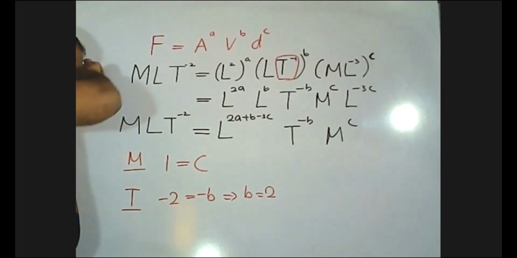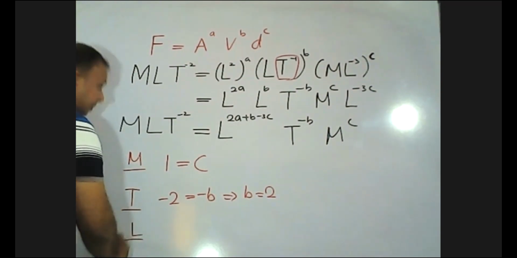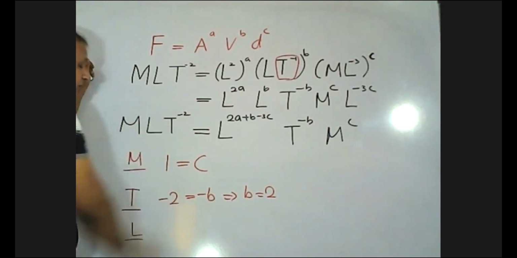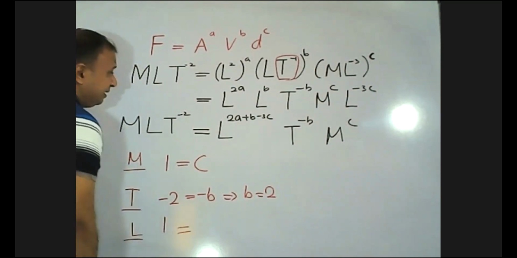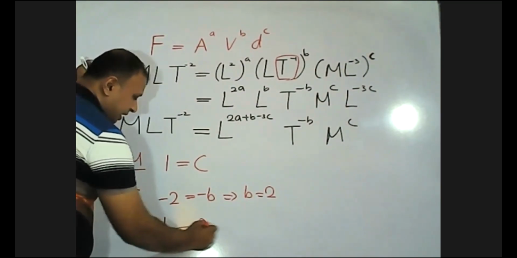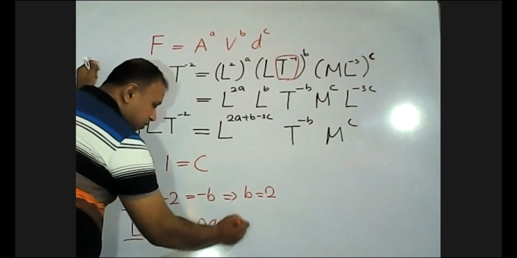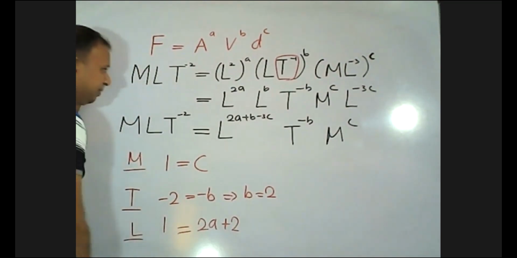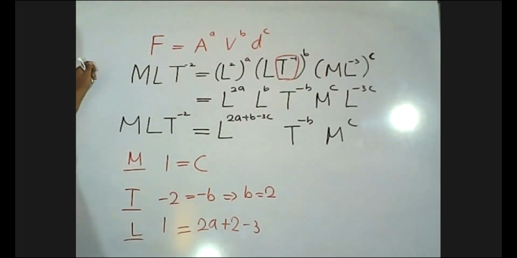Then I can equate the power of L. The left hand side is 1. The right hand side is 2 times A plus B, which means plus 2, minus 3C, which means minus 3.